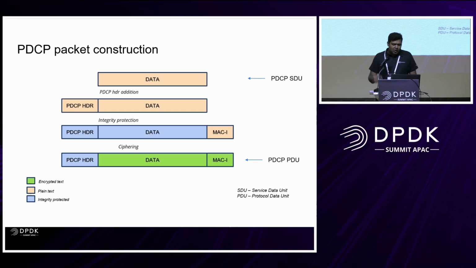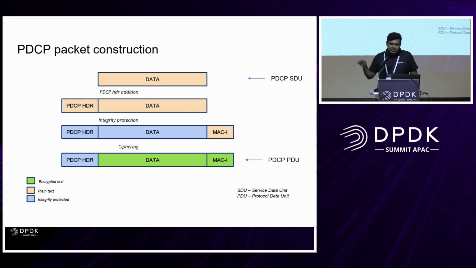Once the MAC-I is added, PDCP proceeds with the ciphering operation, which is nothing but encryption. As we can see, ciphering is not applicable to the PDCP header, but it is applicable to the data and MAC-I. So the portion that is encrypted is data and MAC-I.